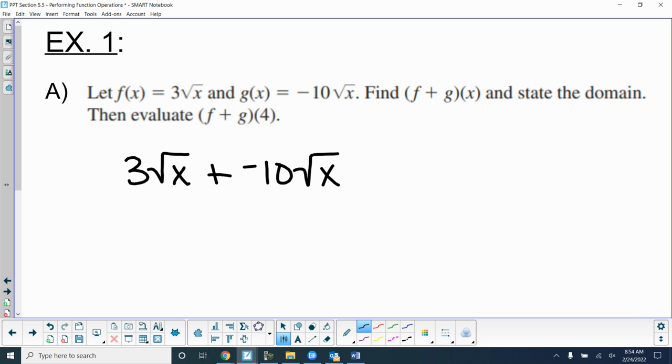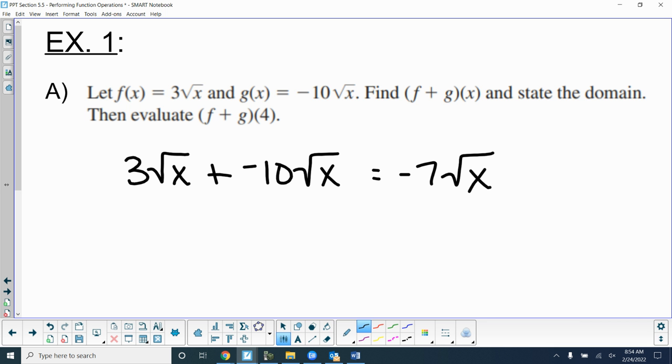Yes, so what's 3 plus a negative 10? Negative 7. We all okay with that part? Again, it says state the domain, don't worry about it. We all know that the domain has to be all real numbers greater than or equal to 0, because it's the square root, right? Even index.